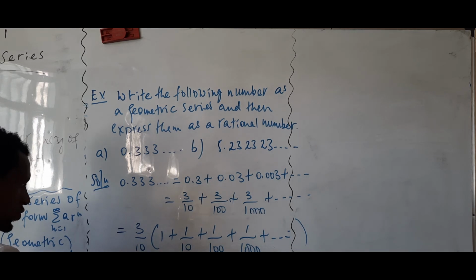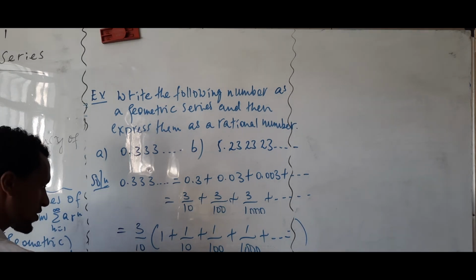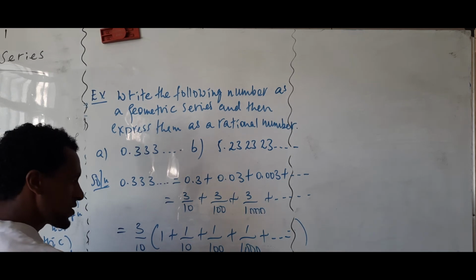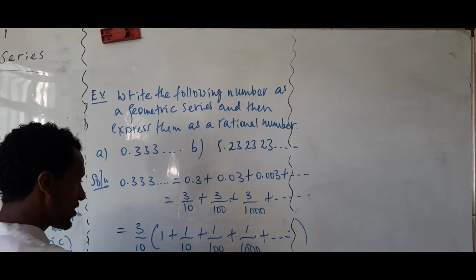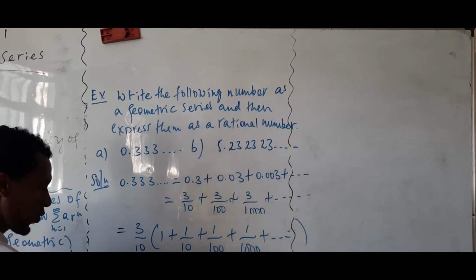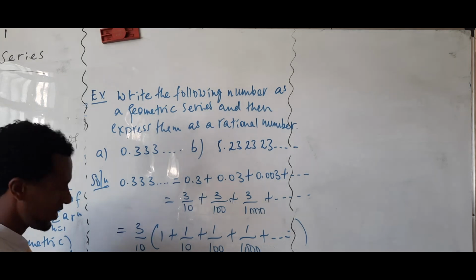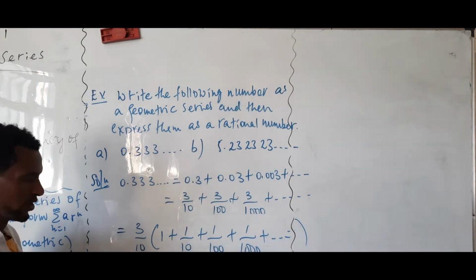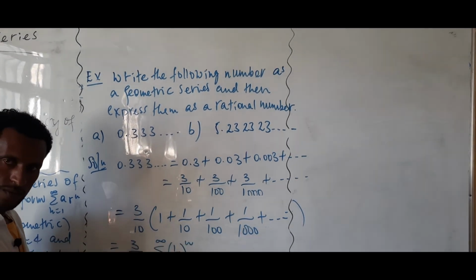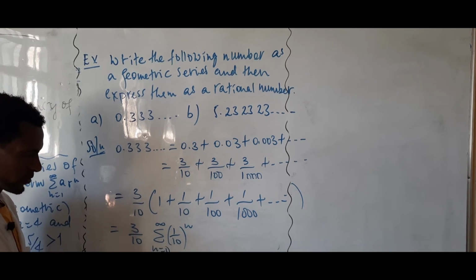This is equal to 3 over 10 times the sum of 1 over 10 to the power of n when n starts from 0 to infinity.